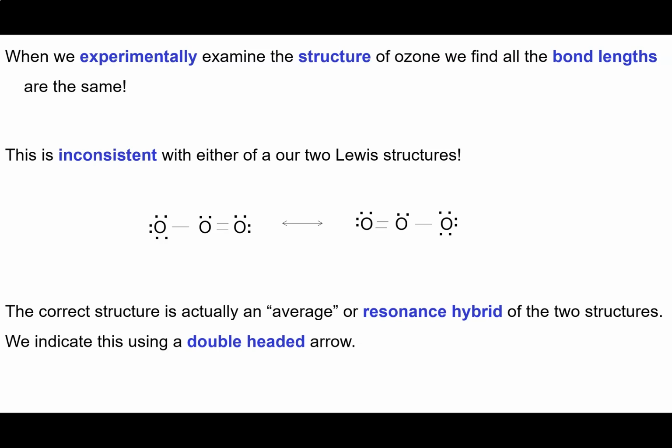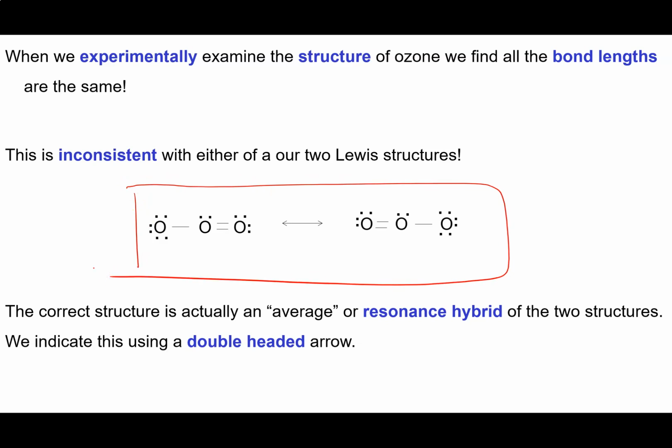Because what we're saying is both of the bonds in ozone are the same. And how we can explain this is that we need to consider that the real structure of ozone is actually an average of the 2 correct Lewis structures.